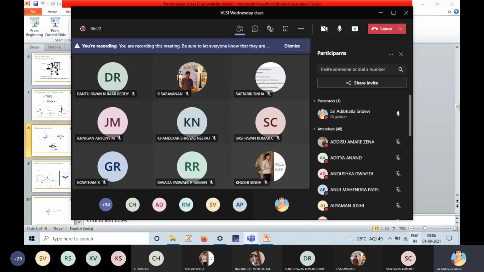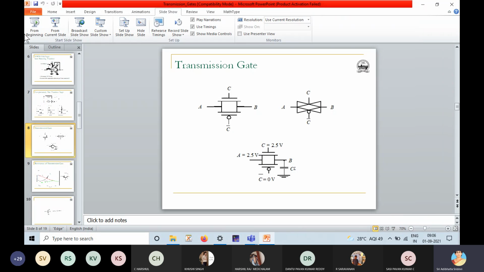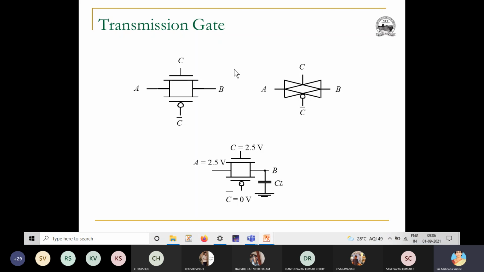To avoid the threshold drop in pass transistor logic, we developed the transmission gate logic, which we have also seen in earlier classes. A transmission gate is a combination of PMOSFET and NMOSFET in parallel. When PMOS is off, NMOS is conducting, and when NMOS is off, PMOS is conducting. So we do not have the threshold drop in transmission gate logic.